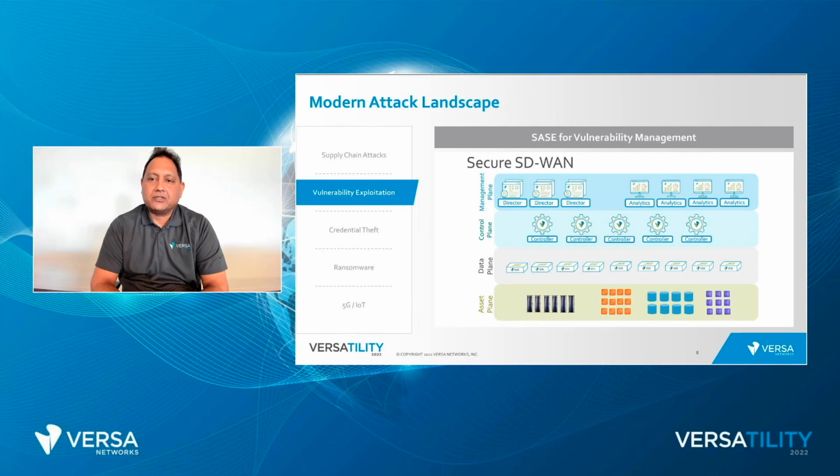The data plane enforces network and security policies on the communication between the various assets. The configuration and policies enforced on the data plane are configured on the management plane, and from the management plane we communicate all of those configured policies through the control plane.